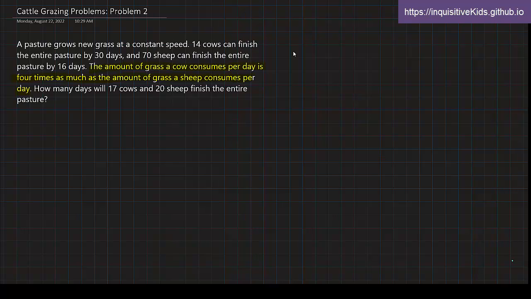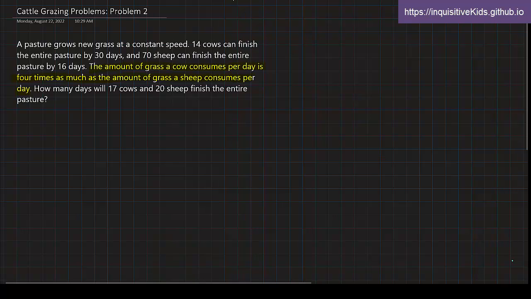So we can first set 1 cow as 1 unit. So the amount of grass a cow consumes per day is 1 unit. But then the amount of grass a sheep consumes per day would be 1/4 units. And it will be difficult if we start using fractions and decimals. So why don't we set the smaller value, the smaller animal, as unit 1? So that could be sheep.